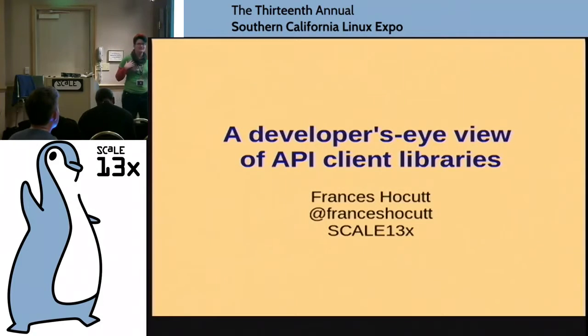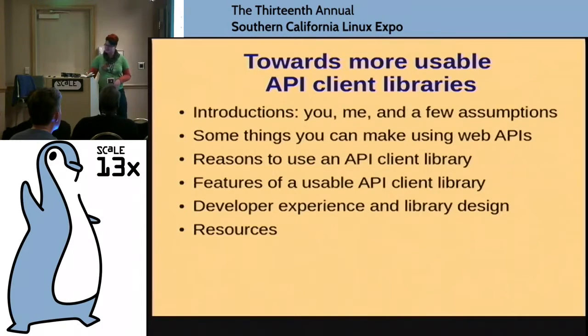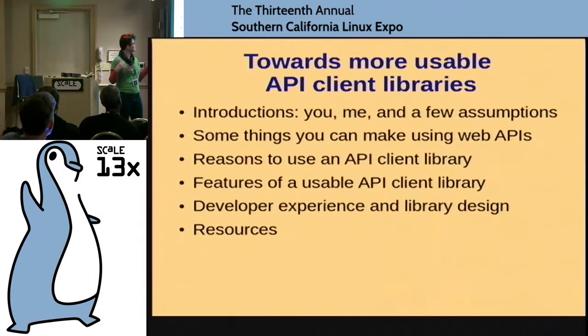My name is Frances Hocutt, that's my Twitter up there, and I'm going to be talking to you about a developer's eye view of API client libraries. The idea here is, if you're trying to pick a client library to use yourself, I want to give you some guidelines for things you can look at, to make that decision in an informed way with an eye to usability.